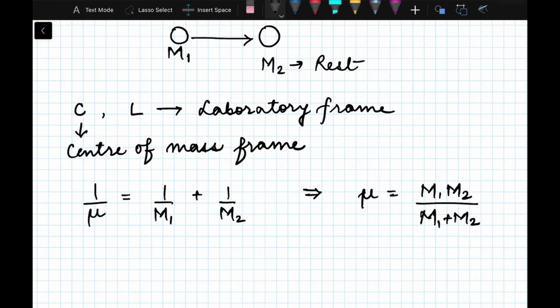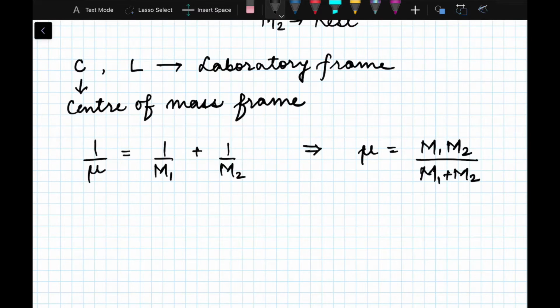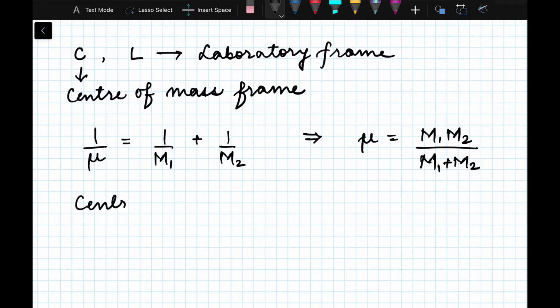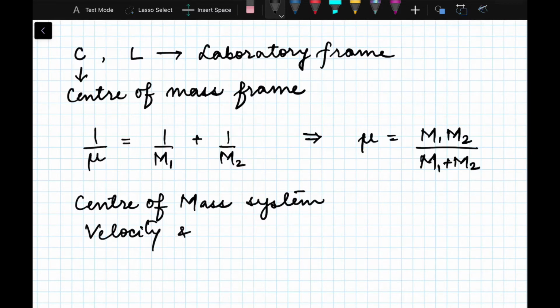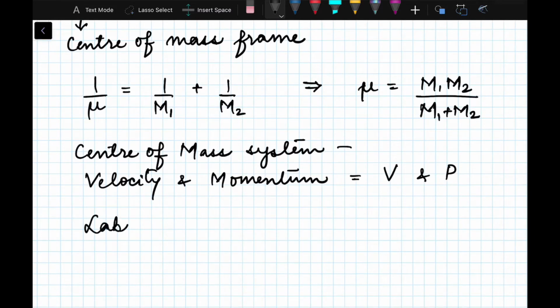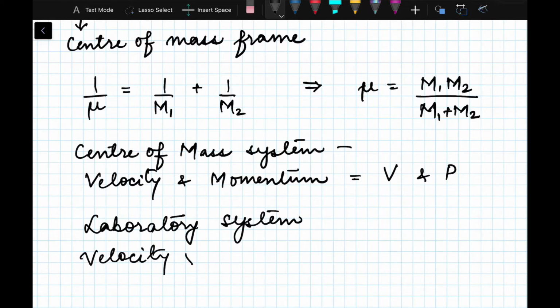Now let us consider that the velocity and momentum in the center of mass system are defined by the letters capital V and capital P, whereas in the laboratory system the velocity and momenta are defined by small v and small p.